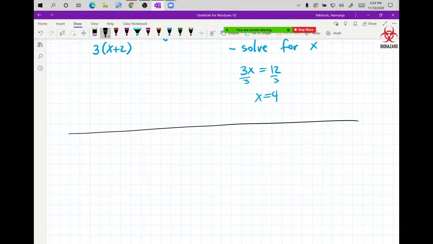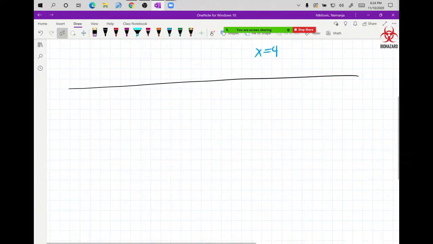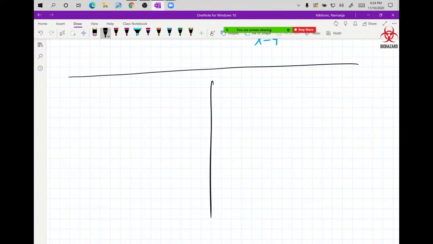So let's take a look at two problems side by side to see the difference in what we pick as a factoring technique and how close these are. So we start with x squared minus 4x equals 0.